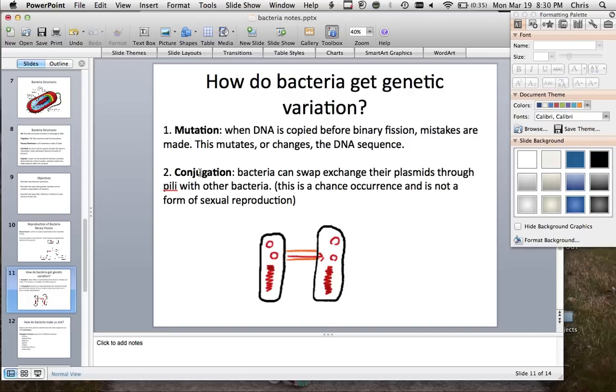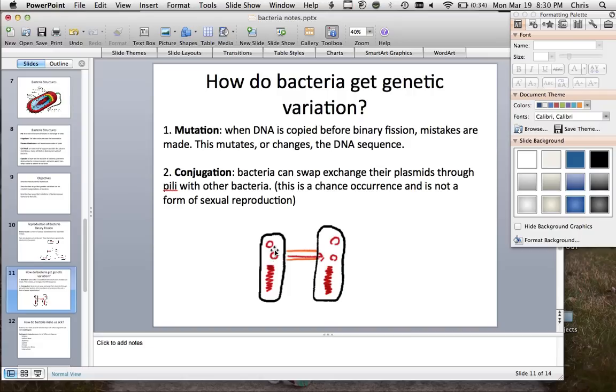Another way is through what's called conjugation, and this really resembles sexual reproduction, but it's still a lot different. This is when 2 bacteria cells line up next to one another, and here we are down here, these 2 bacteria cells lining up to one another, and they use these structures that are sticking out from their surface called pili, and these pili are kind of like little tubes or tunnels, and if one pili attaches to another bacteria, then these plasmids can be exchanged.